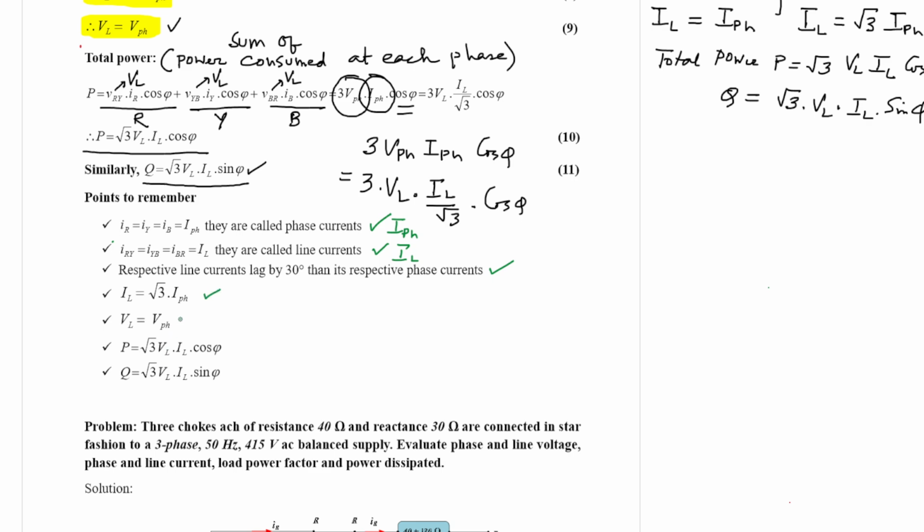We have also observed that line voltage is equal to phase voltage in case of a delta connected network. And what is our power? Active power is root 3 times line voltage into line current into cos phi, and for reactive power we have the same relation but with sin phi instead of cos phi. So we have understood both networks, star connected and delta connected.